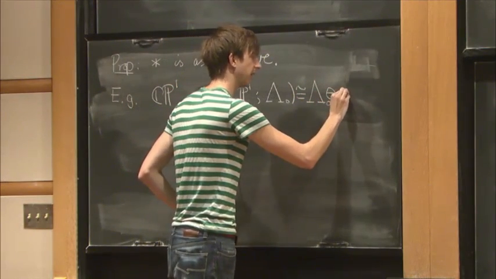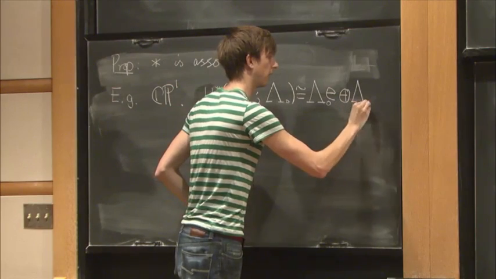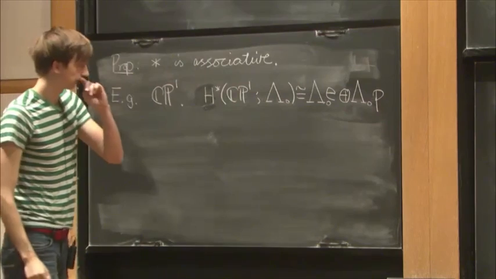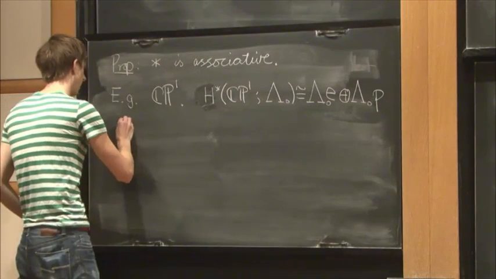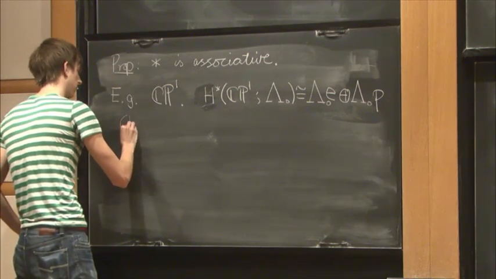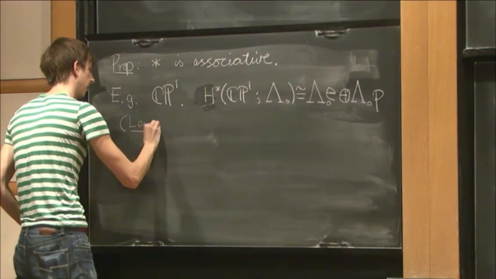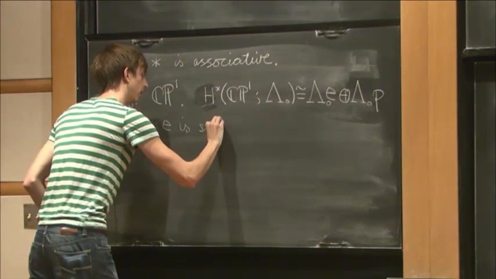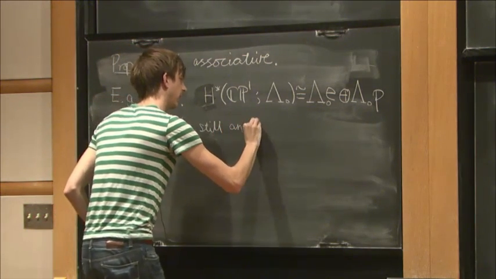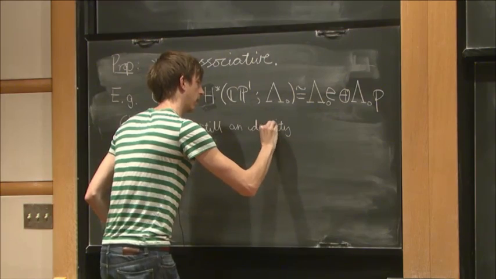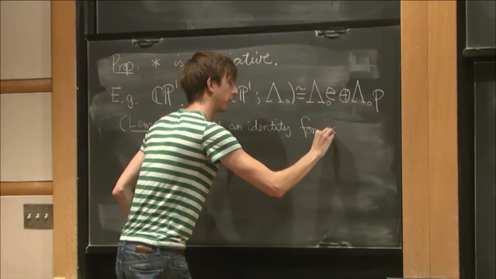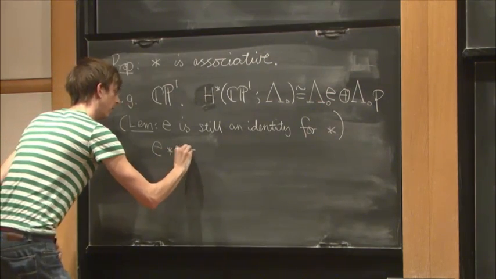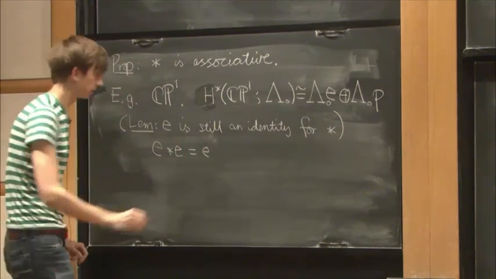One generator is the identity, and one generator is the Poincare dual to a point class. I should say, there's another lemma: E is still an identity for the quantum cup product. That's true universally, that's always true.